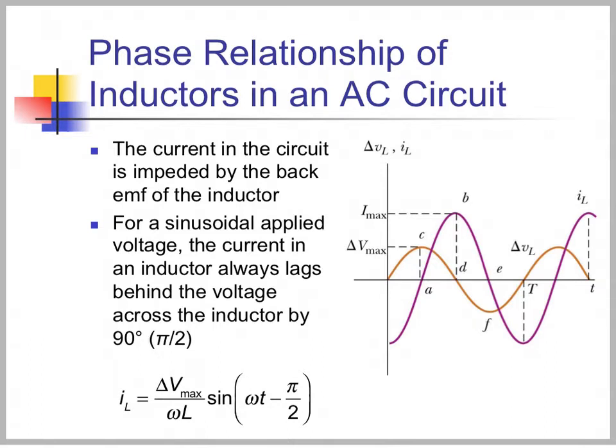So for a sinusoidal applied voltage, the current in the inductor always lags behind the voltage across it by 90 degrees. In other words, if I apply a voltage across it, when the voltage reaches a maximum, it's 90 degrees later that the current actually reaches a maximum, when the voltage from the driving AC source is at 0.